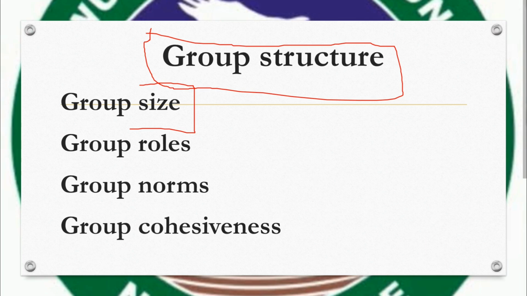Encouragers, how do we define them now? They're majorly friendly, warm, and responsive to the other group members, while the compromisers modify decisions, offer compromises, and admit errors. Then the blocking roles. Blocking roles are activities that disrupt the group.